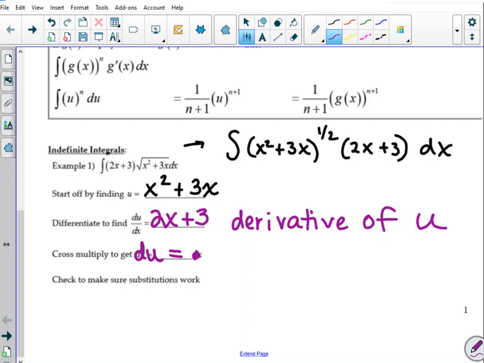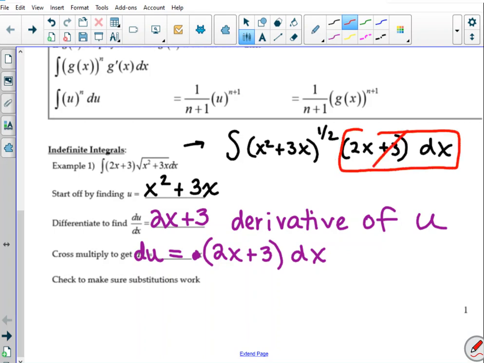Based on the derivative of what I've picked for U, I can legally replace 2x plus 3 dx with du. And the nice thing about doing that is that it basically makes this part of the integral almost irrelevant.